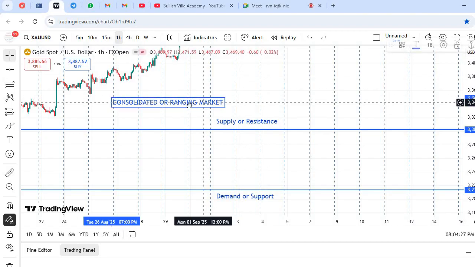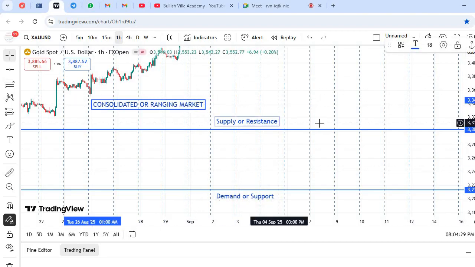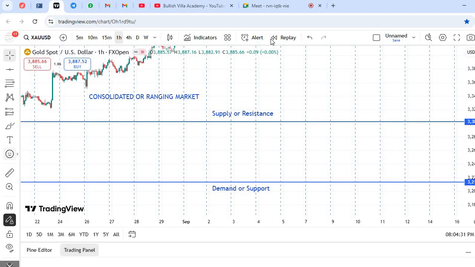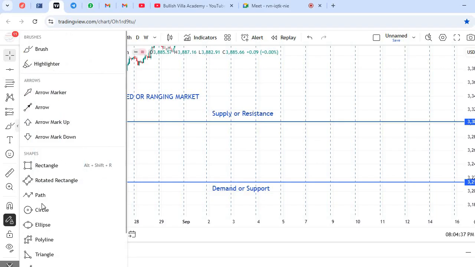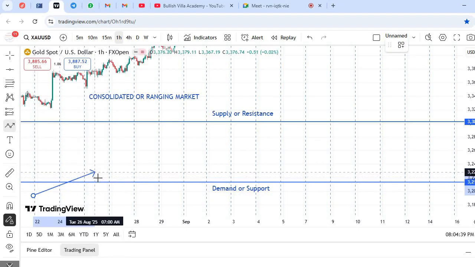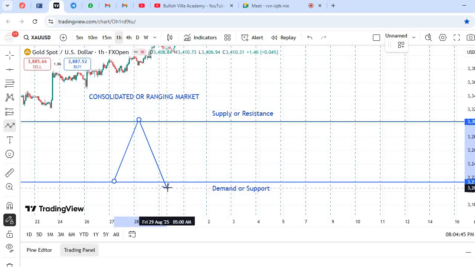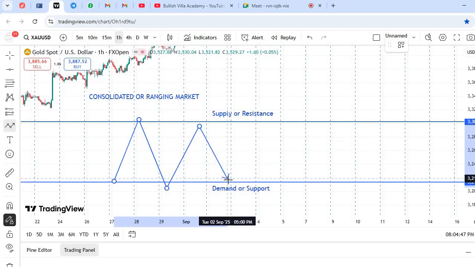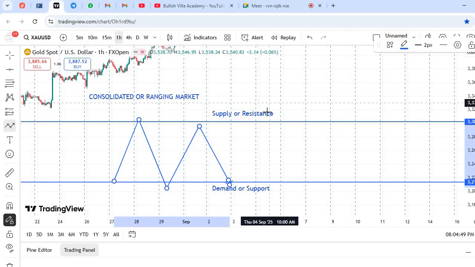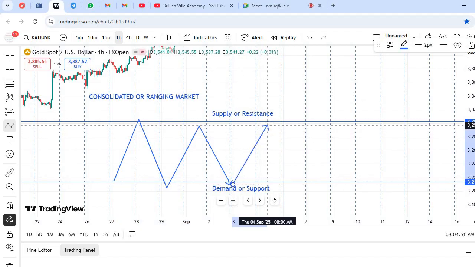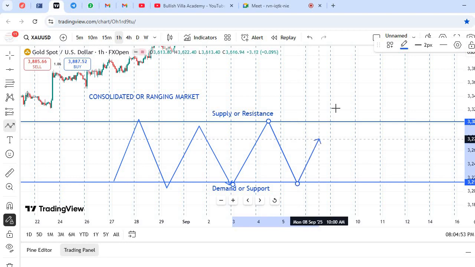In this market, you can see it is neither an uptrend nor a downtrend. Come to your part 2. So we have price moving like this, up, down, up. Can you see?